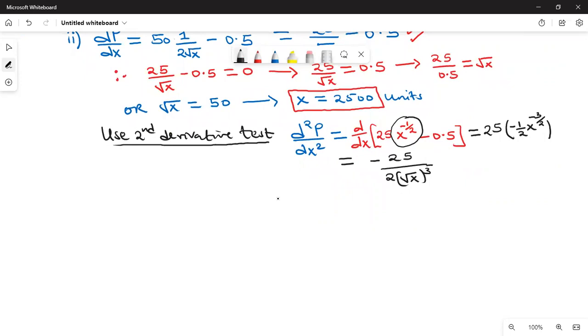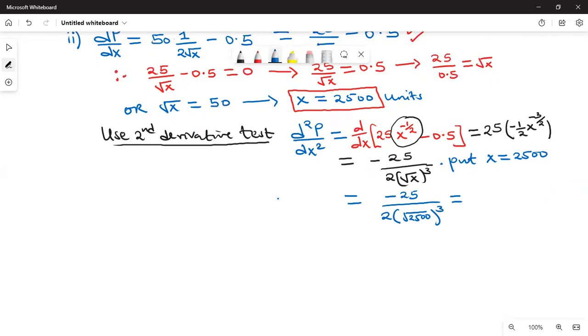Now, when you substitute x is equal to 2500, what are we going to get? It will be negative 25 divided by 2 times the root of 2500, cubed. So what is the answer here? The square root of 2500 is 50. So you take 50 cubed.